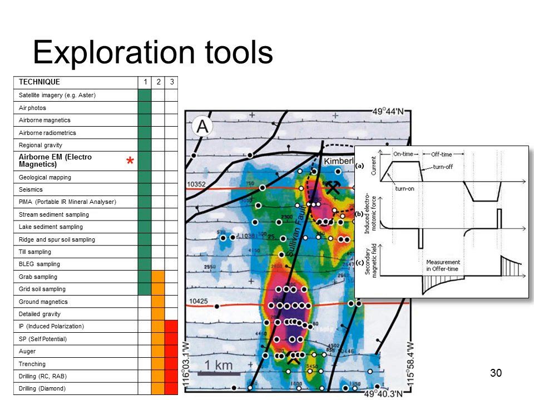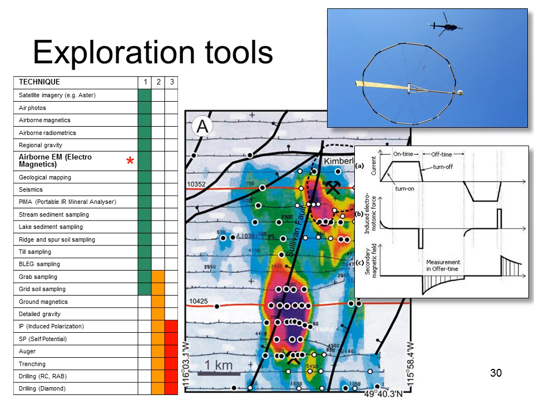Surveys can be done from the ground, but they're usually flown in a helicopter or fixed wing. They're rapid and relatively low cost, although more expensive than magnetics and less direct. The transmitter coil can be on the ground or on the aircraft. The receiver is usually towed in a bird.